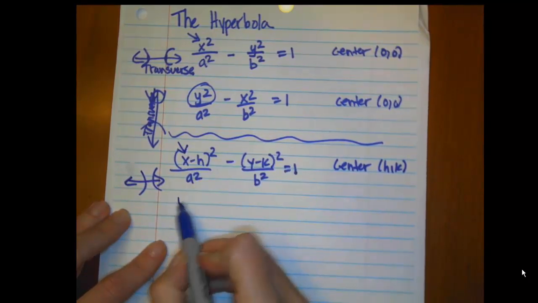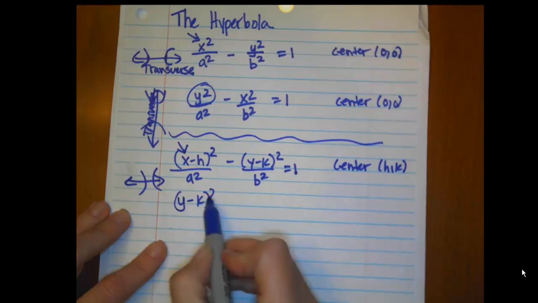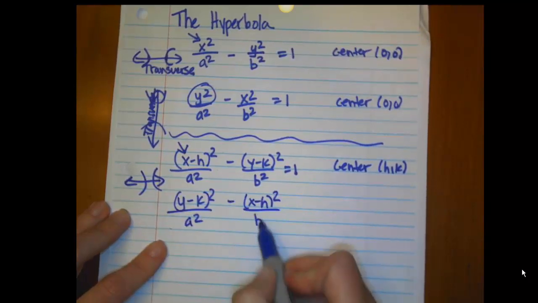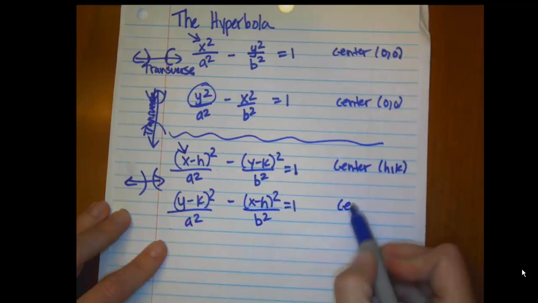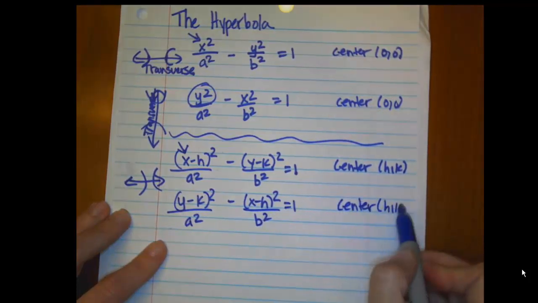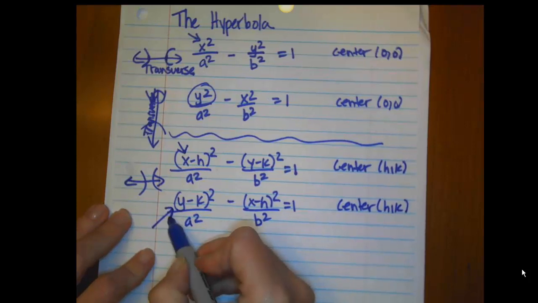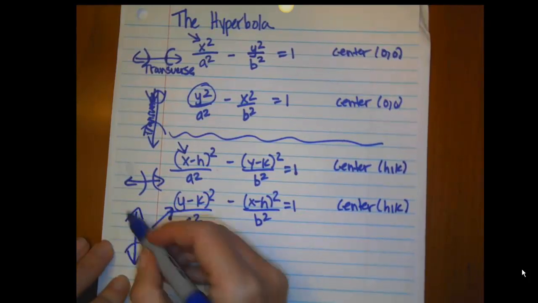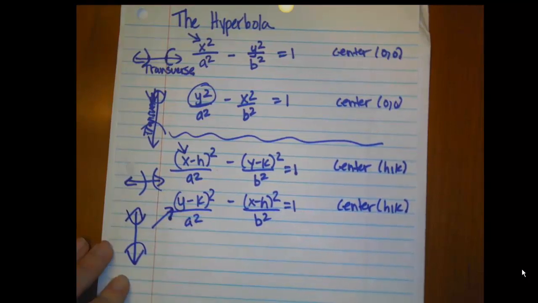And I can also have a general form (y minus k) squared over a squared minus (x minus h) squared over b squared equals 1, where again the center of the hyperbola is at (h, k), and because the y comes first, my transverse axis would be vertical and my hyperbola would be opening up or down.